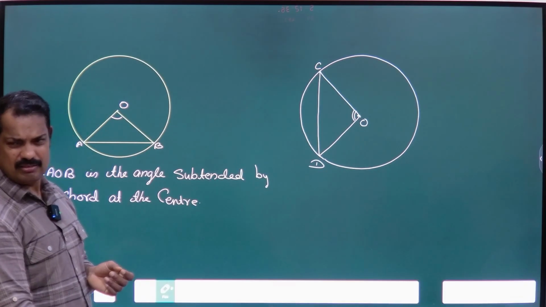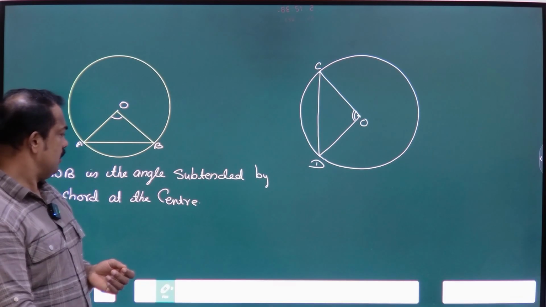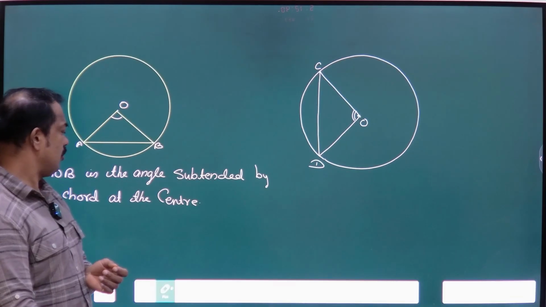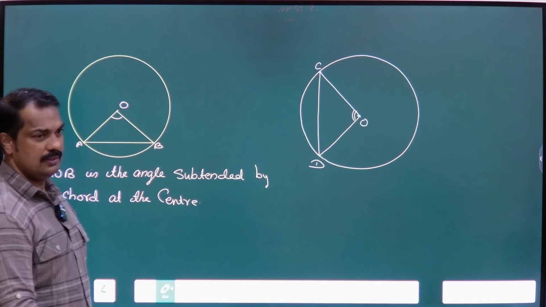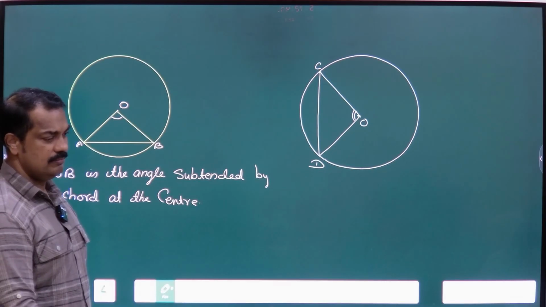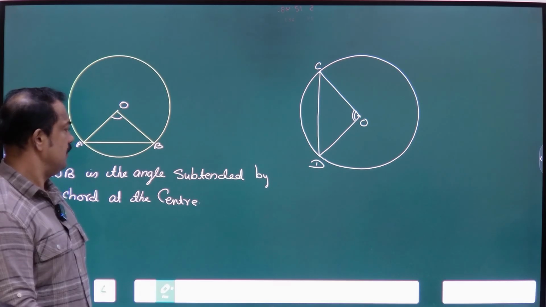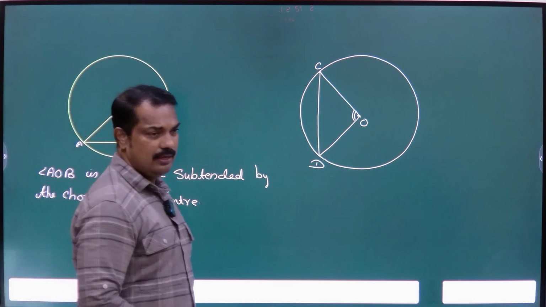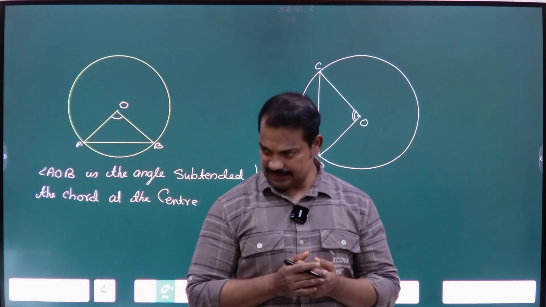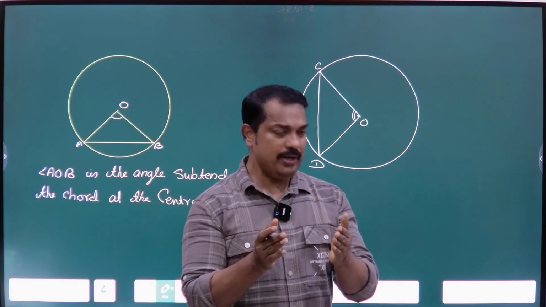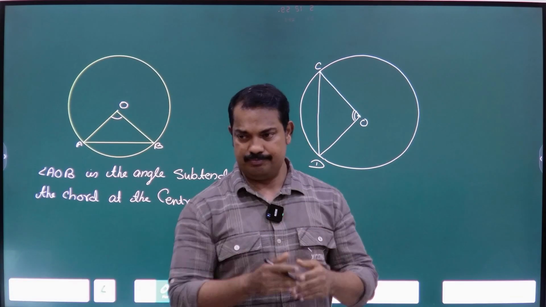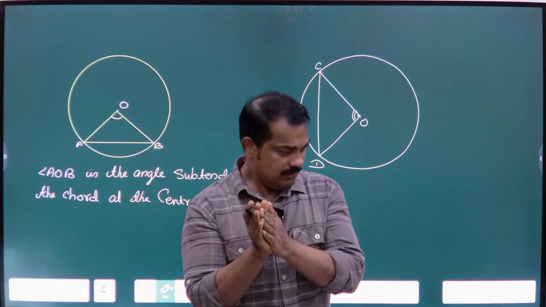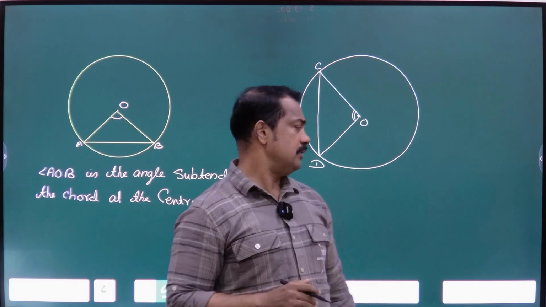Clear steps clear? So to find the angle subtended at the center from the end points of the chord, draw two line segments to the center. Then find the angle. Clear?